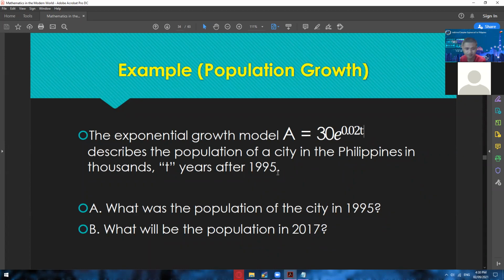Sir, do we round off the answer? So you can just get the 2 decimals and then round it up if it's possible. Yeah, just round it up. Since we're talking about population, you cannot answer, let's say, 100,000.30, because there is no point 30 of a person. There's probably no one-third of a person, right? All of us are counted as one, no matter how small or big you are.